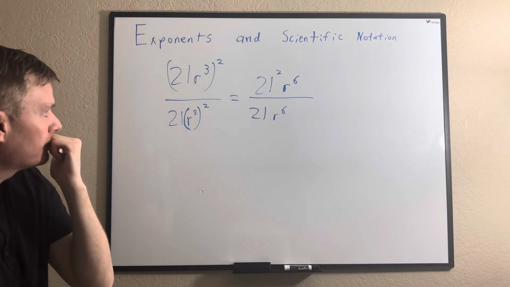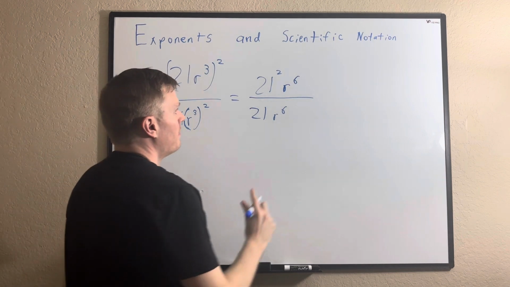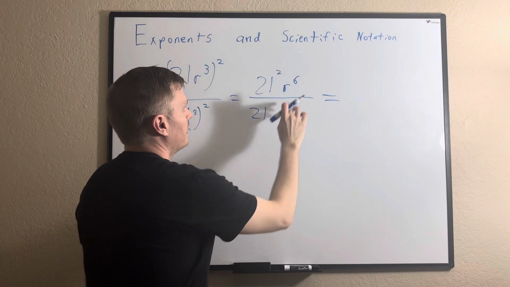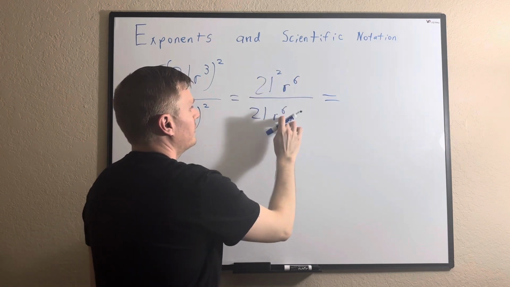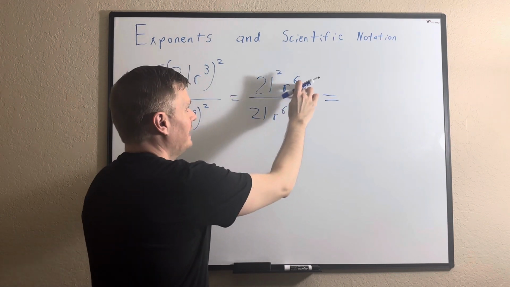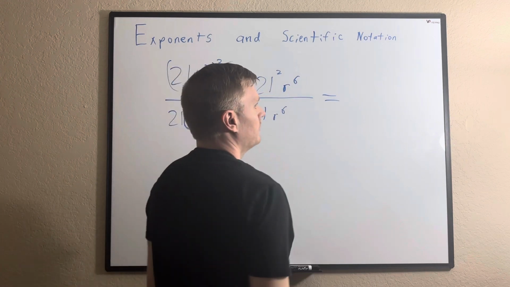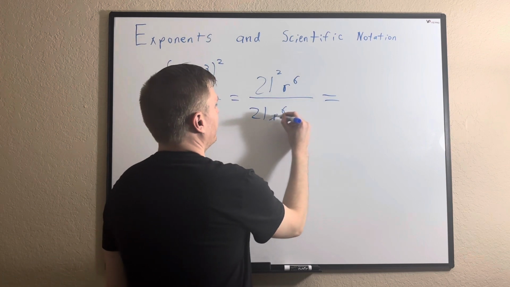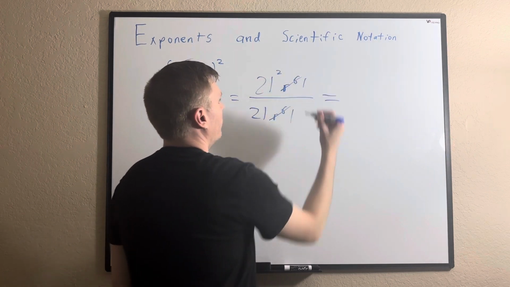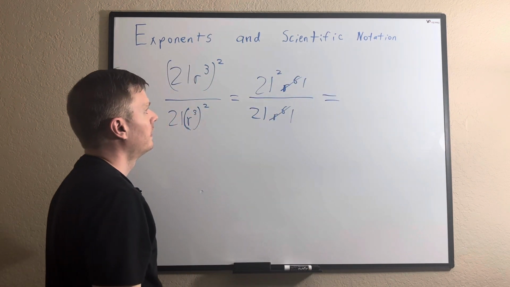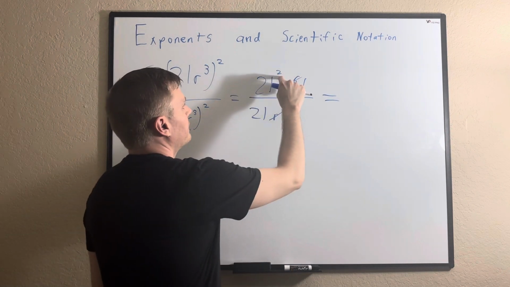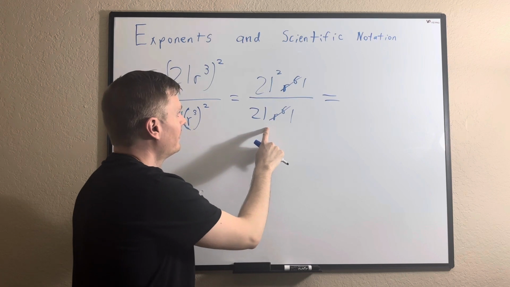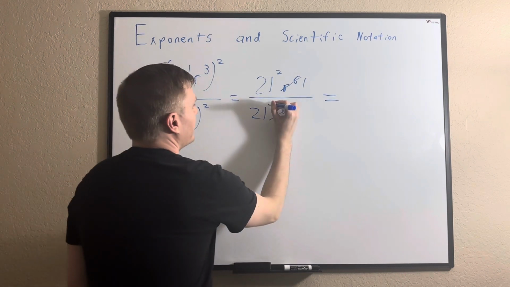Well, that doesn't look so bad. And just like that, r to the 6th over r to the 6th, you take any number, divide it by itself, you get 1. So that just canceled out. That becomes 1 over 1. 21 times itself divided by itself, that cancels out too, because this has an exponent too.